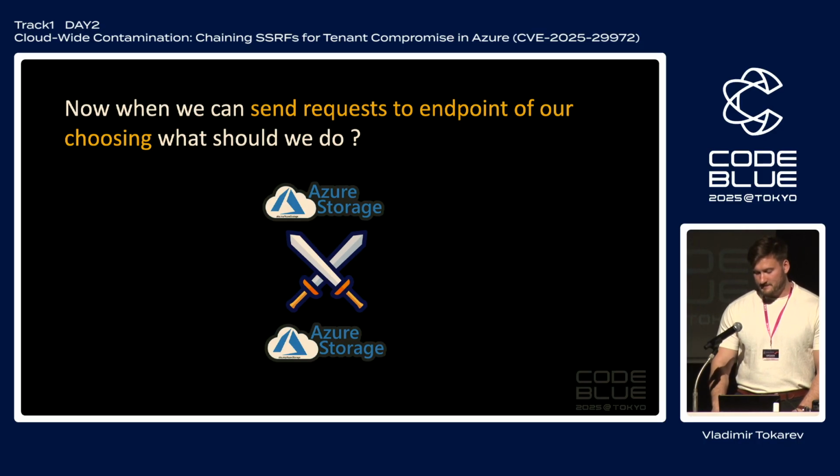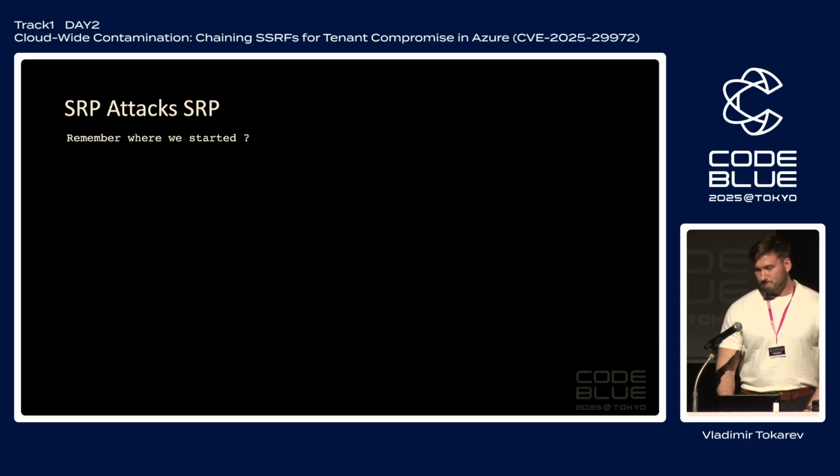Now, the truth is that I searched for surface and vector attacks on all four, and the only promising one that I succeeded to exploit was Azure Storage Resource Provider attacking Azure Storage Resource Provider, because there are a lot of different mitigations, scope mismatch, stuff like that. There are a lot of mitigations, and so the actual vector that I could manage to do was SRP attacking SRP. And so let's talk about how we started.